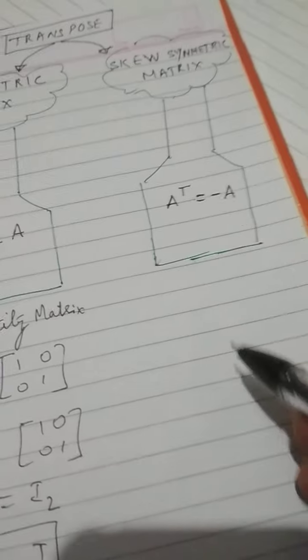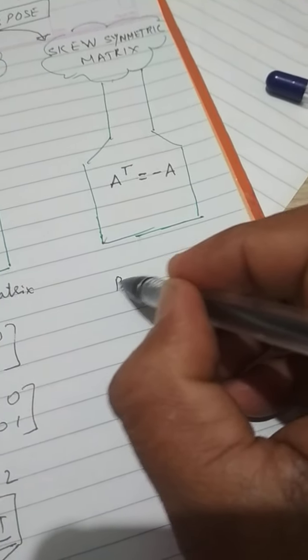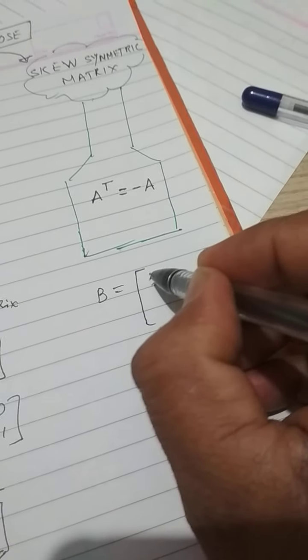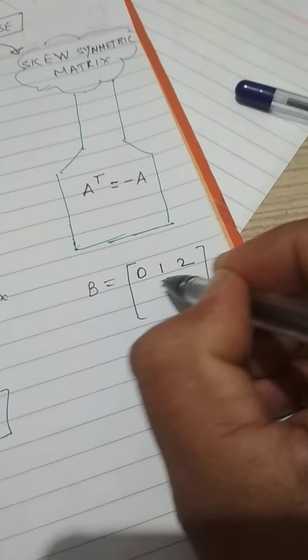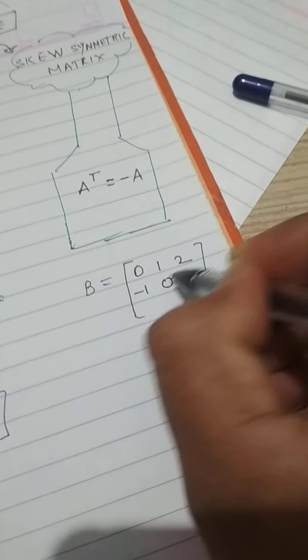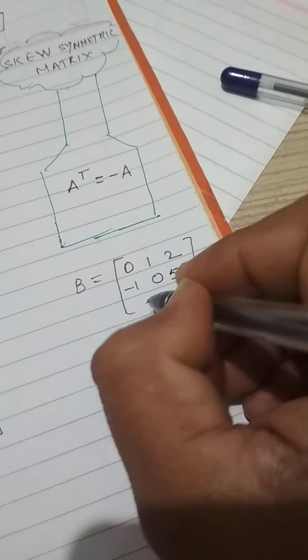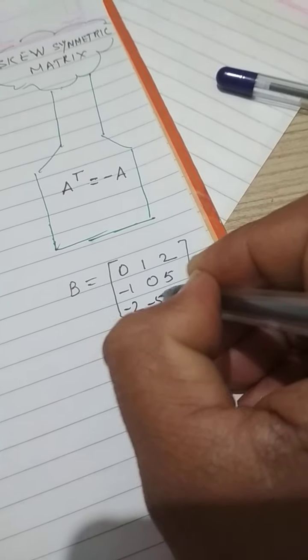For a skew symmetric matrix, let us take an example, say matrix B, which is equal to [0 1 2; -1 0 5; -2 -5 0].